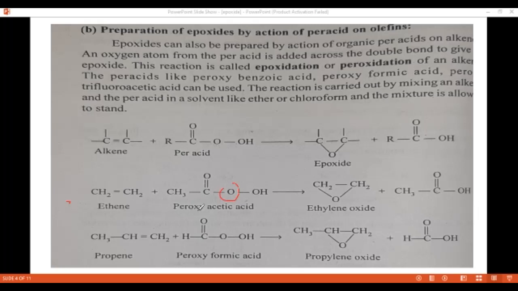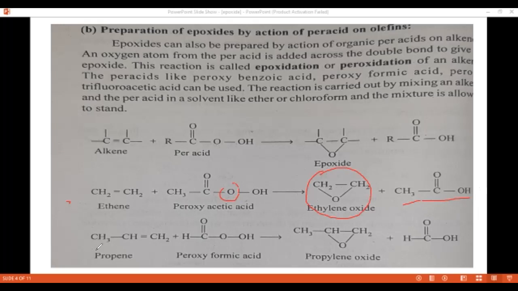One oxygen is added across the carbon-carbon double bond to give ethylene oxide, plus the byproduct acetic acid, CH3 C double bond OH.